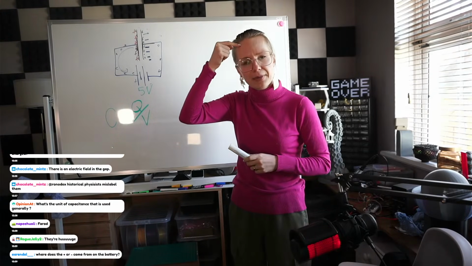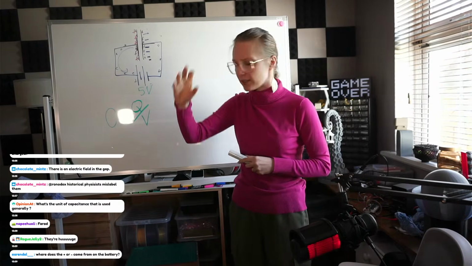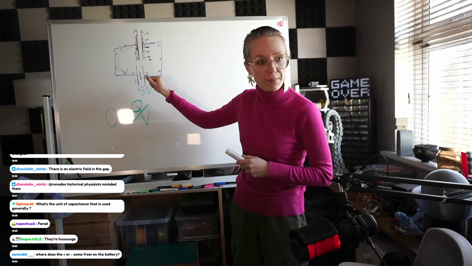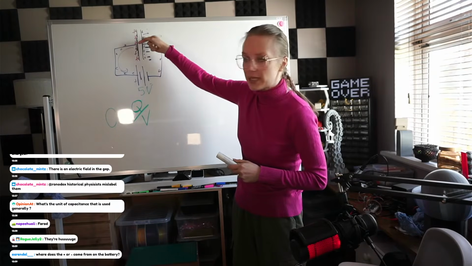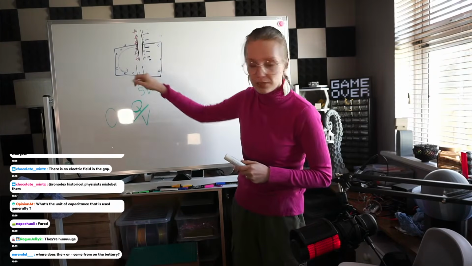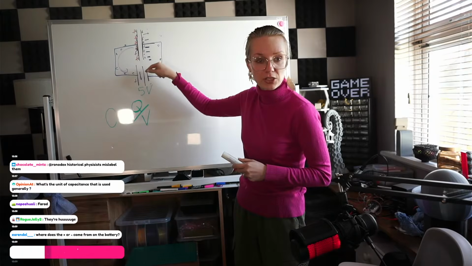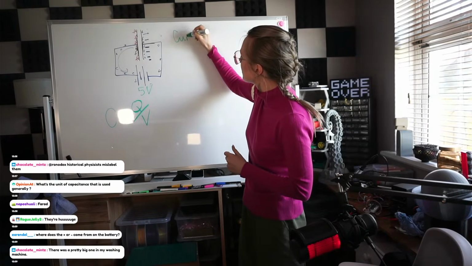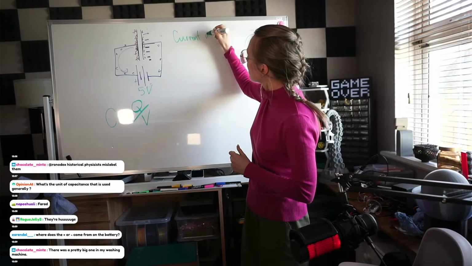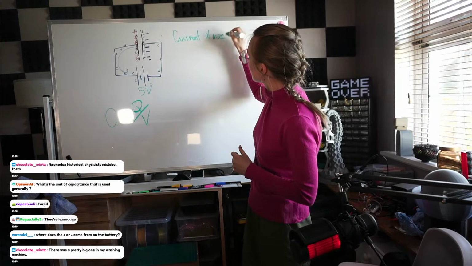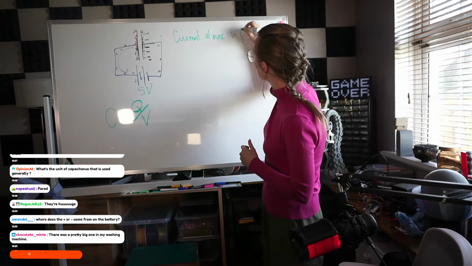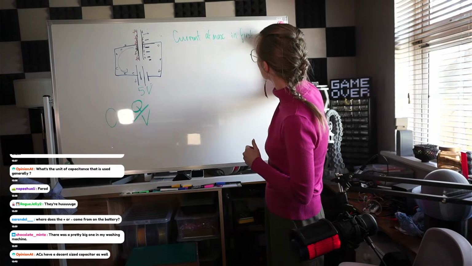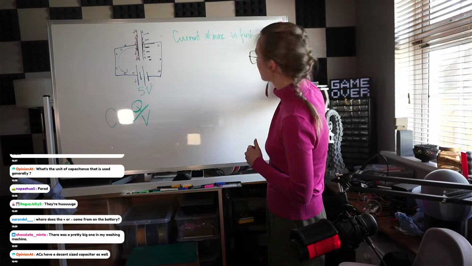Think about what's happening fundamentally at a physics level. The minute I switch on the battery source, all the electrons from this plate are whooshing in this direction. So you can imagine that the current is at maximum in the first instance.